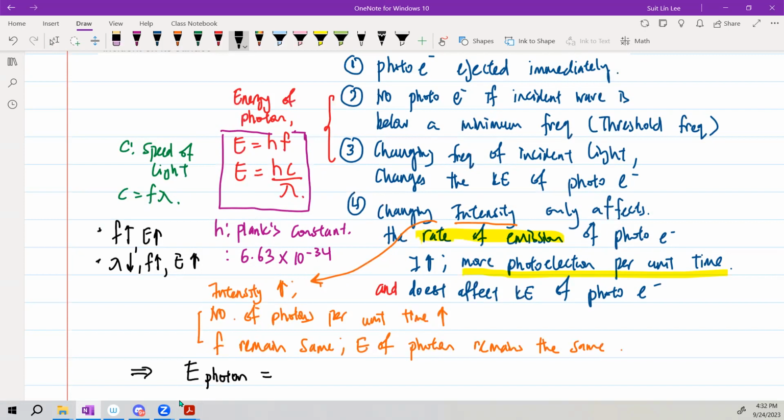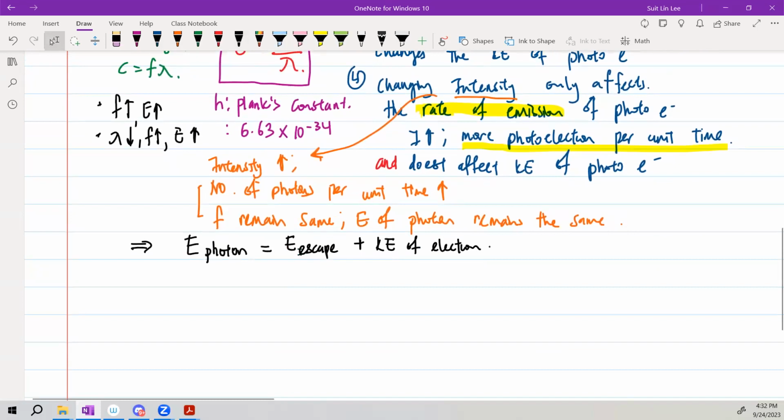Because once the photon provides some energy to the electron, it will be the same as the energy used to escape the metal surface, plus whatever is remaining, which is expressed as kinetic energy of the electron. Okay, but of course we expect a range because some electrons are deeper.